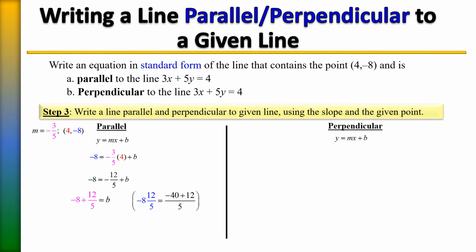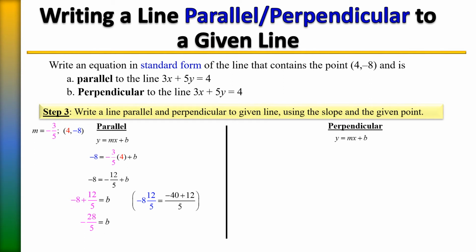When you do that, you multiply the whole number times the denominator plus the numerator. So negative 8 times 5 is negative 40. Negative 40 plus 12. When you combine that top, it's going to give you negative 28 on top. Keep your denominator of 5, so b equals negative 28/5.